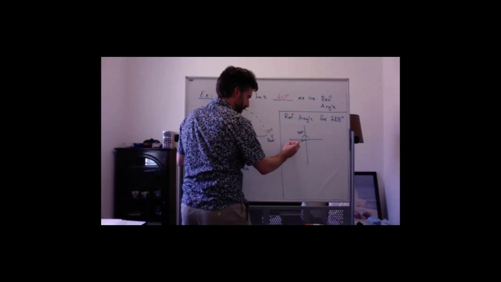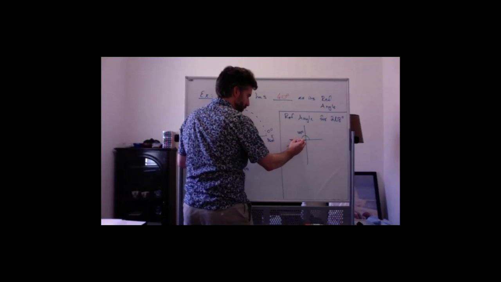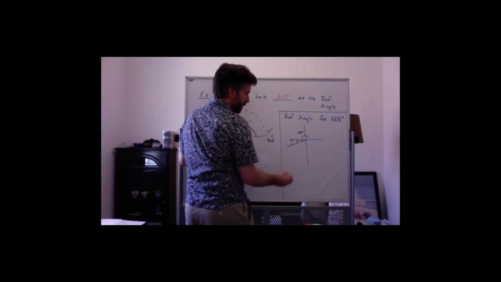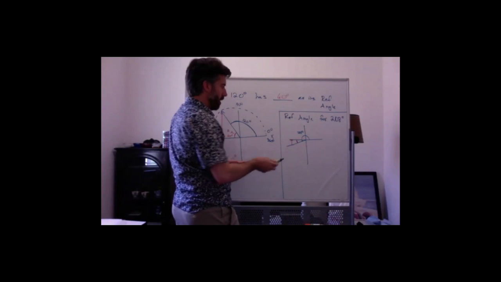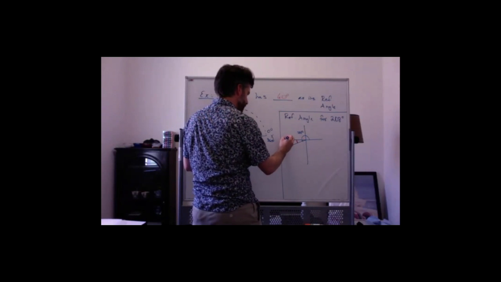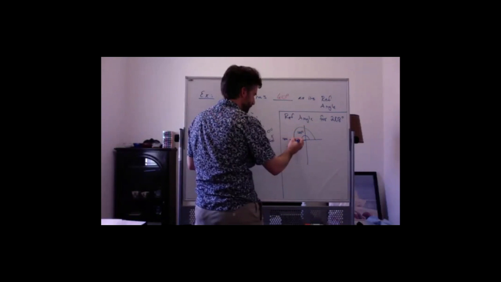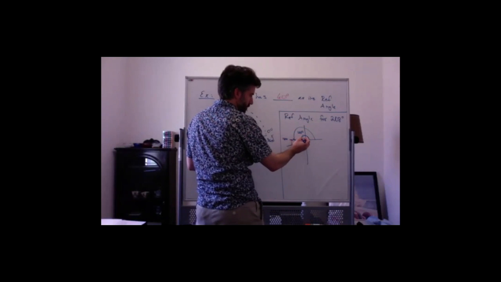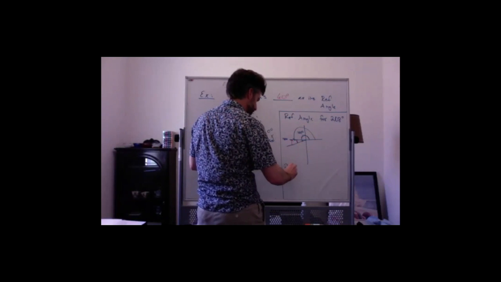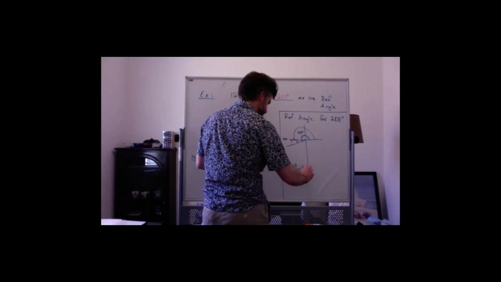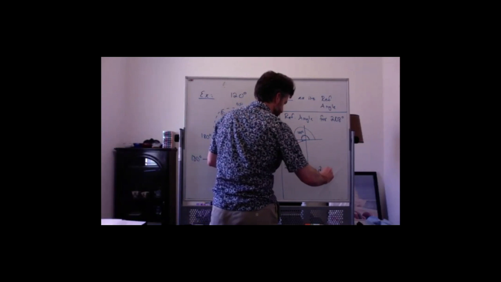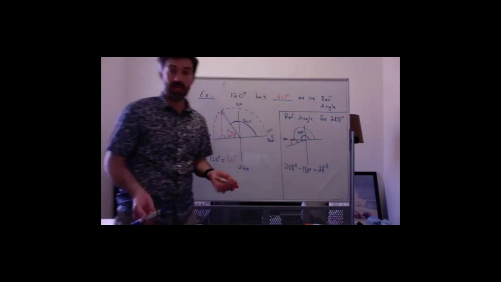So we're dropping perpendicular this way, or we're drawing this little arc this way. And to find that angle, well, again, that's 180. We're going to do our angle 208 degrees minus 180, which is going to give us a reference angle of 28 degrees.